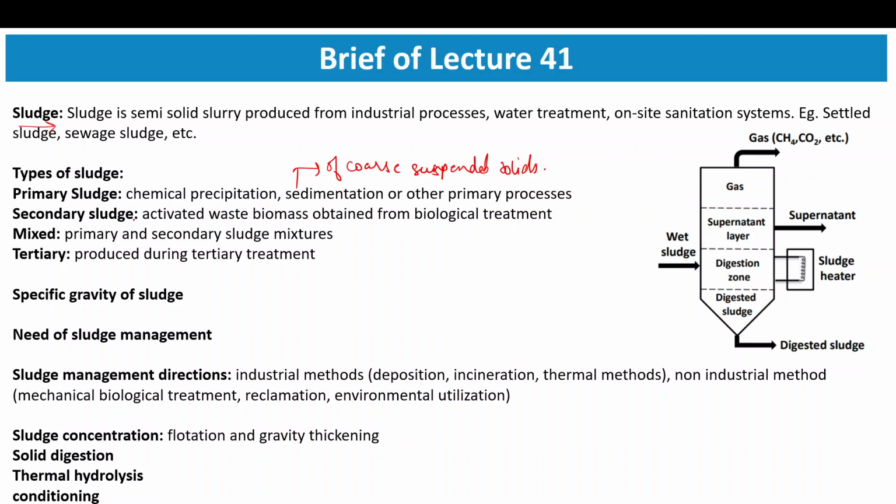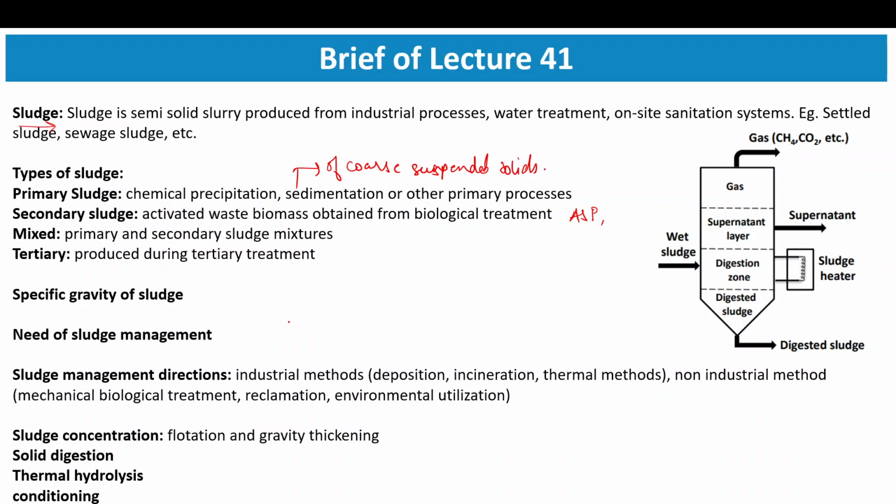Now, secondary sludge is nothing but which is generated mainly from the activated sludge process or any such biological treatment, right? So it is microorganisms plus the undigested solids or the organic solids. Now, tertiary treatment can have, say, for example, adsorbent or such things.